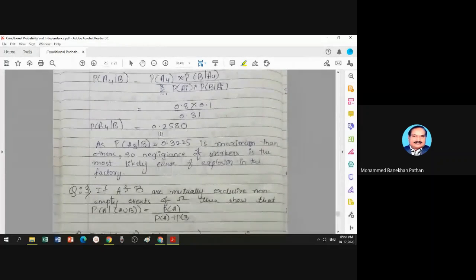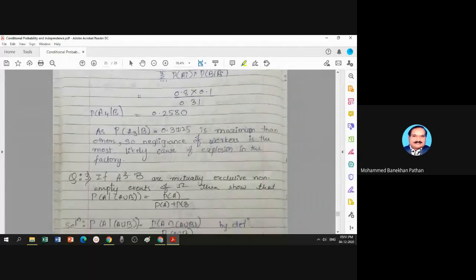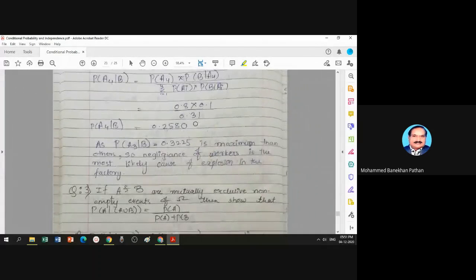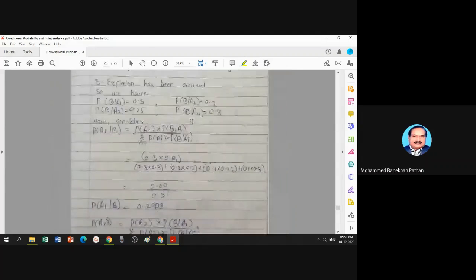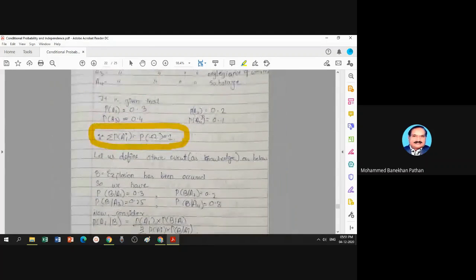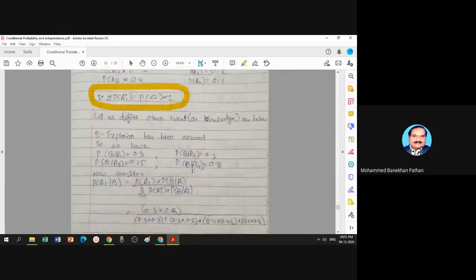So I get 0.25. Now you can see what the explosion due to sabotage is. It is 80%. In the information, if you see, the chance of having explosion due to sabotage is 80%.